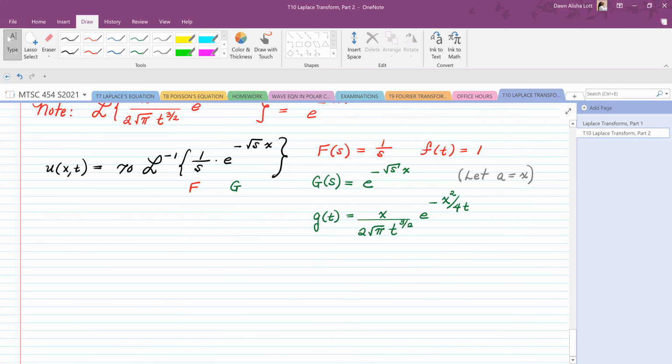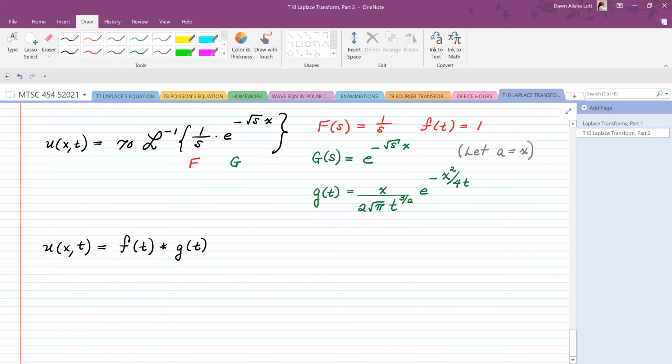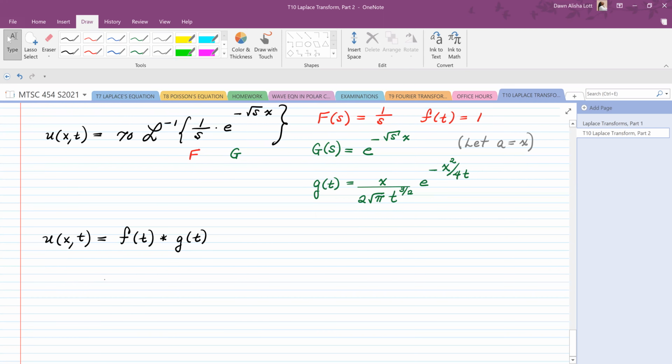All righty. So therefore, u of x and t is equal to the convolution of f with g. So that is the integral from 0 to infinity.